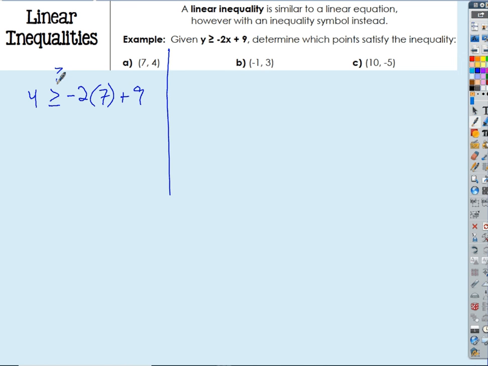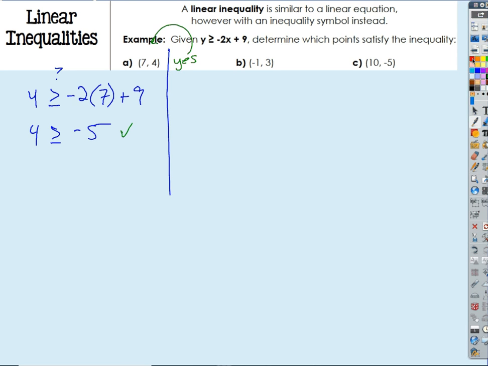We still don't know. So I get negative 14 plus 9, which is negative 5. Is that a true statement or not? Is 4 greater than or equal to negative 5? It is, isn't it? So that is true.